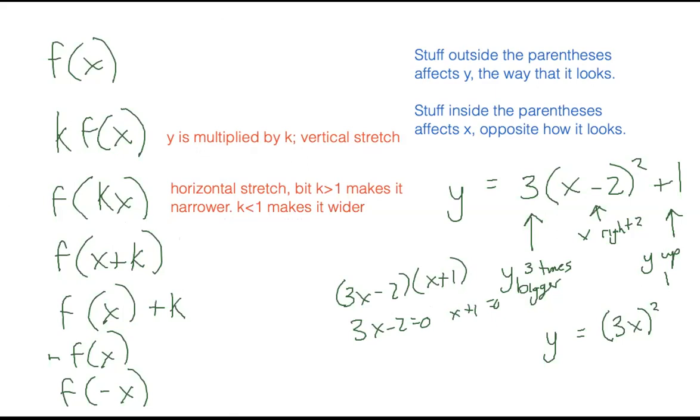Whatever's in there, set it equal to 0 to find horizontal shift. And as we saw, if it's a minus, it'll actually go right. If it's a plus, it'll actually go left. This one we saw in this example as well. This is just vertical shift, the way that it looks. There we go.